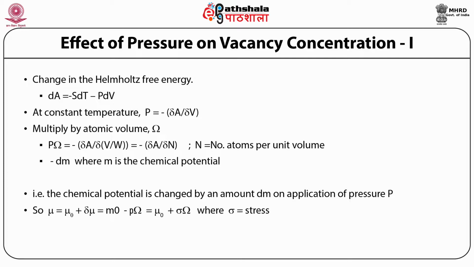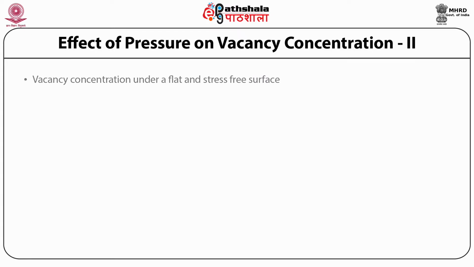Here the term P has been replaced by sigma to take into account the fact that the external stress can be both tensile and compressive. Now, the concentration of vacancies under a flat and stress-free surface is given by C naught is equal to K exponential minus Q by kT, where Q is the enthalpy of formation of vacancies and K includes the entropy and pre-exponential terms.